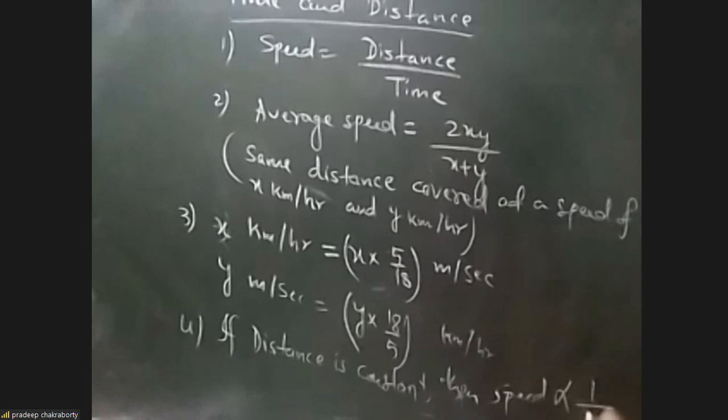So these are the four basic things in the speed, time and distance equation. Speed is inversely proportional to time. Yes, so we write speed, then the proportional sign, and then 1/time.